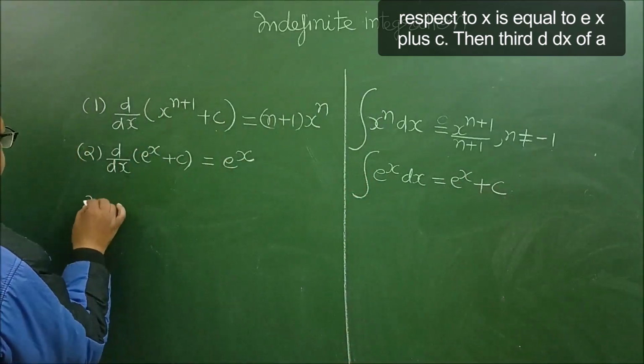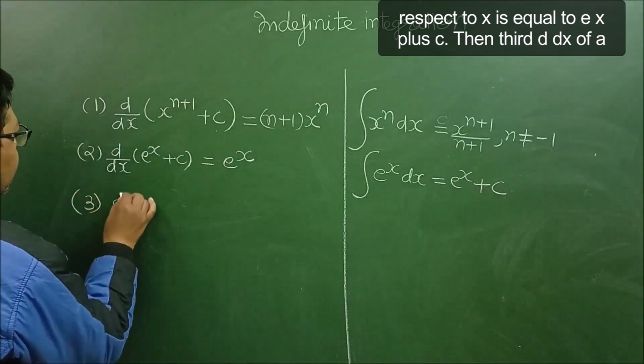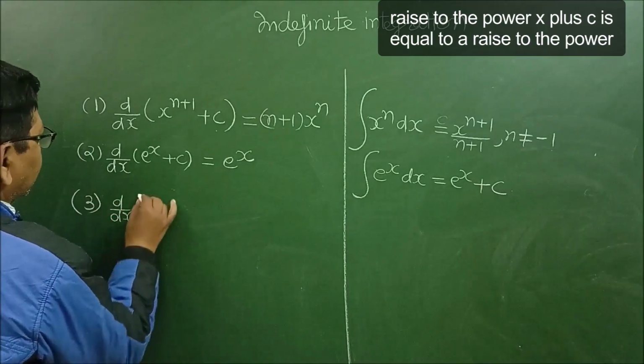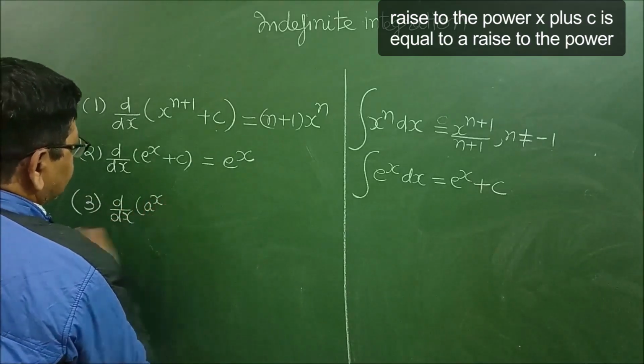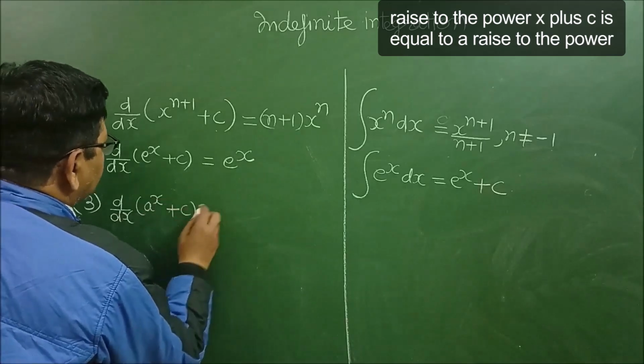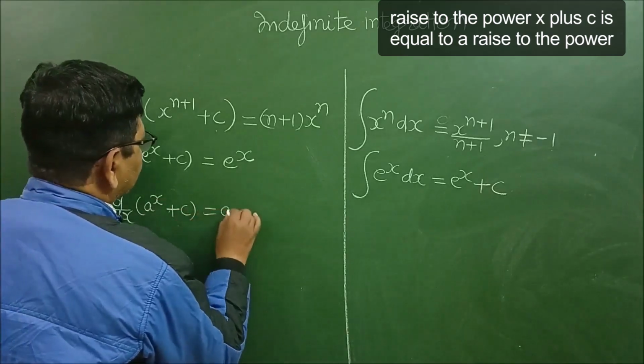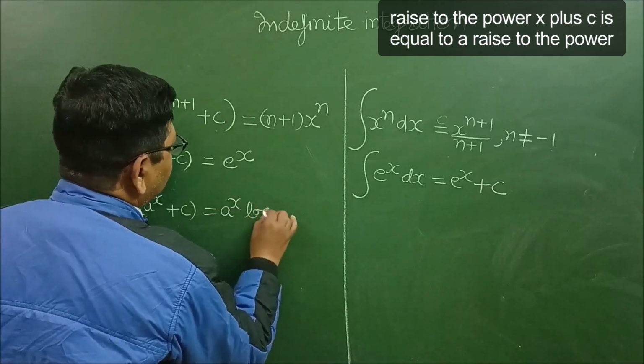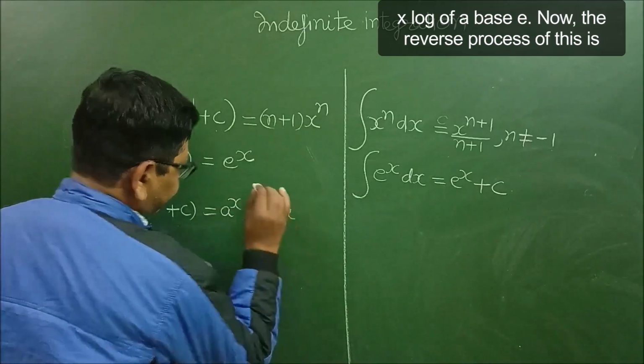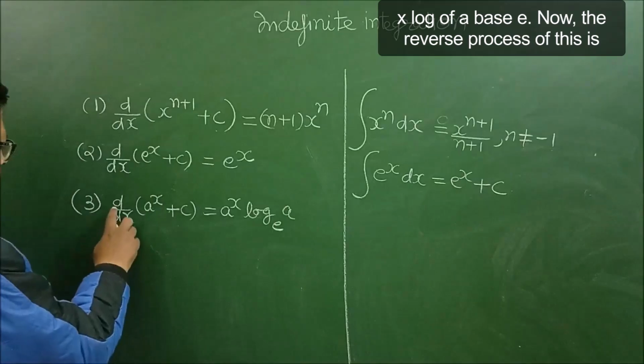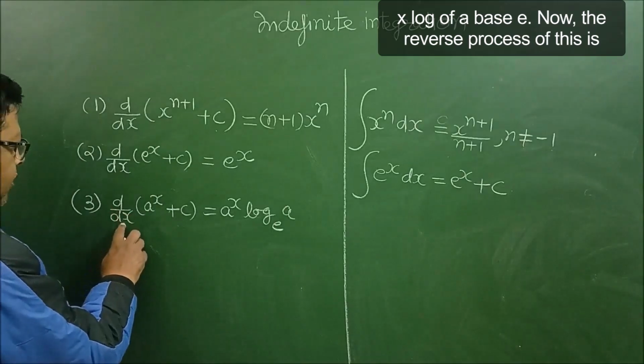Then third, d dx of a raised to the power x plus c is equal to a raised to the power x log of a base e. Now the reverse process of this is integration.